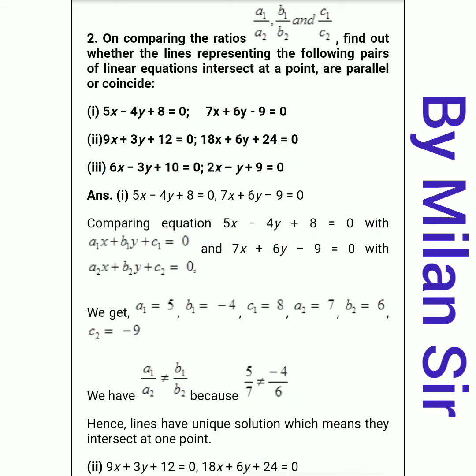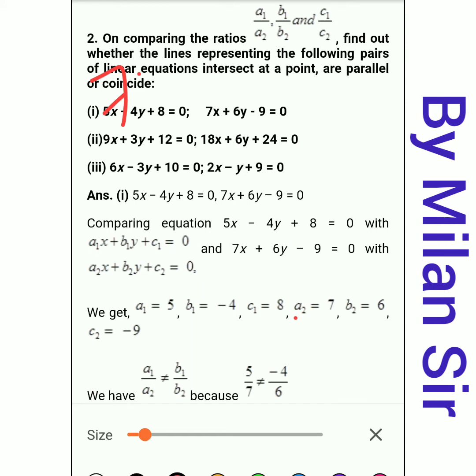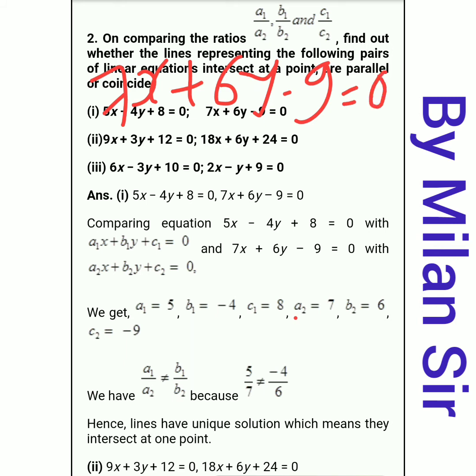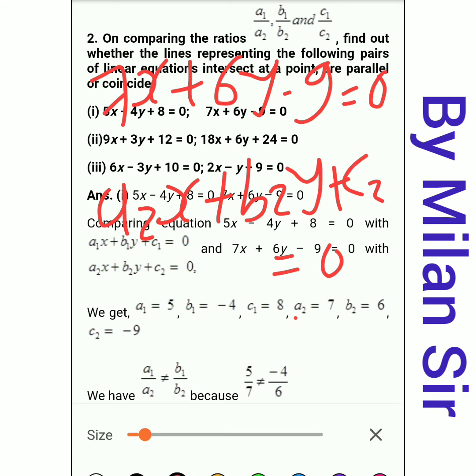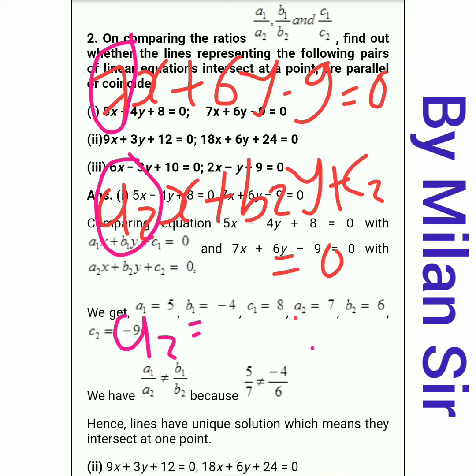Now use the second equation, 7x plus 6y minus 9 equals 0. Compare it with a2x plus b2y plus c2 equals 0. From the second equation you will get the values of a2, b2 and c2. a2, the coefficient of x, equals 7. b2, the coefficient of y, here is plus 6, so b2 equals 6.